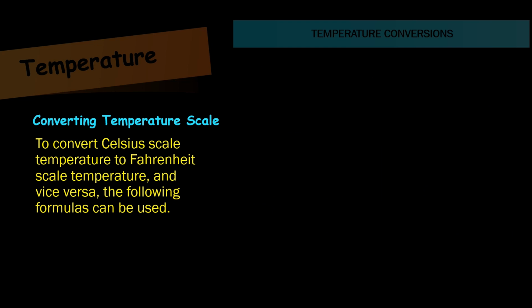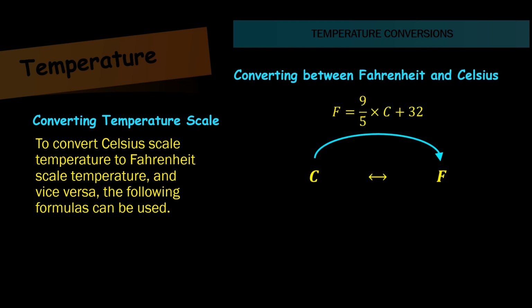To convert the Celsius scale temperature to Fahrenheit scale temperature, and vice versa, we can use this formula to convert from Fahrenheit to centigrade or Celsius, and this formula to convert from Celsius to Fahrenheit. As you can see, Fahrenheit and Celsius are related, but one does not depend on the other.